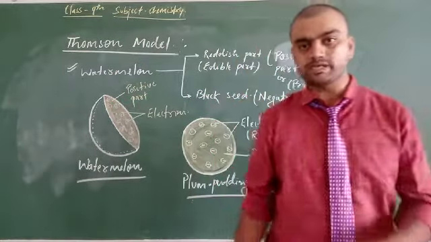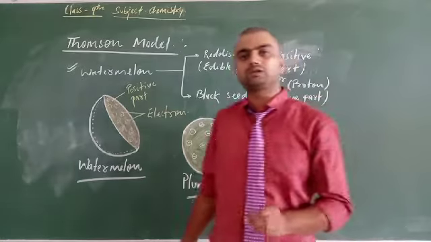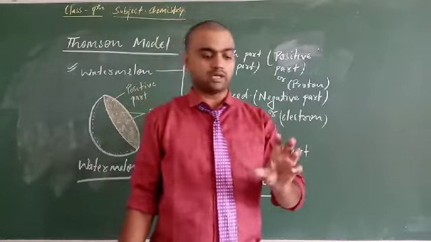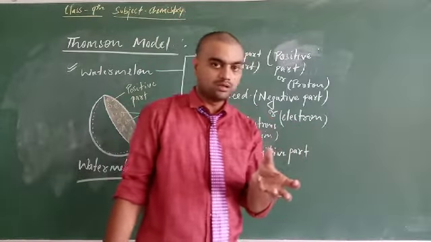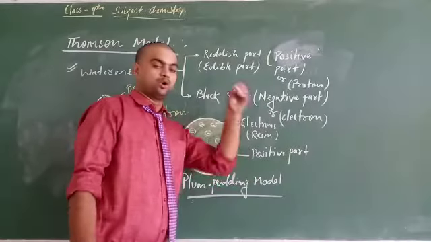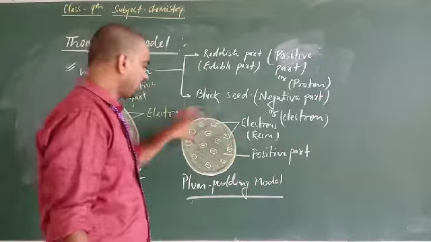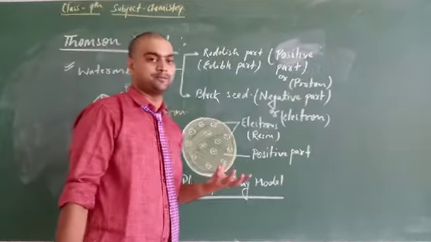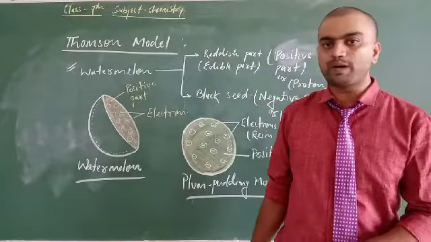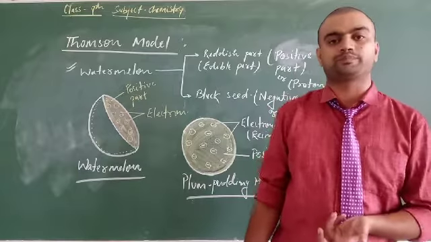The later studies of the Rutherford nuclear model state that the electrons are not where the positive part is. Thomson said that the positive part is spread all over the atom, but later Rutherford suggested that the positive part is present only in the center, not all over the atom.